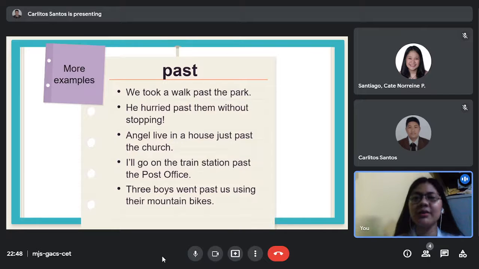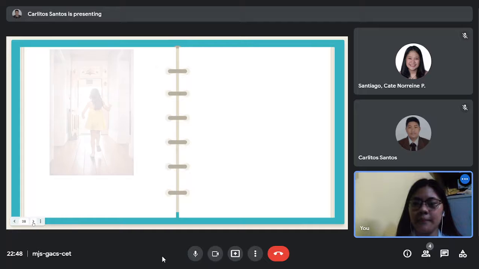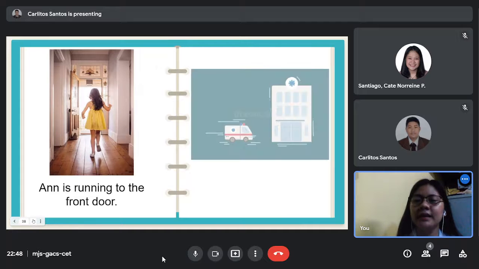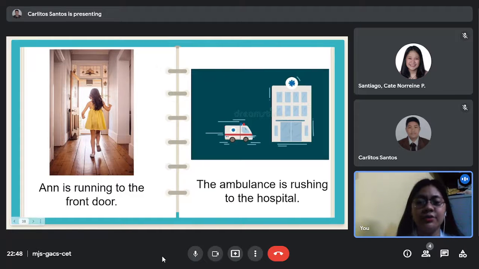And then let's also have the next preposition of movement. Anne is running to the front door. The ambulance is rushing to the hospital. What do you think is a common word here? Any volunteer?